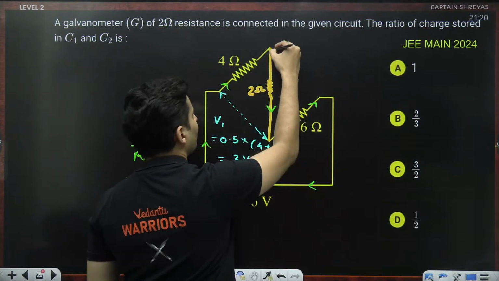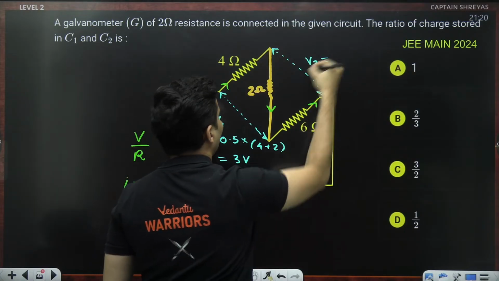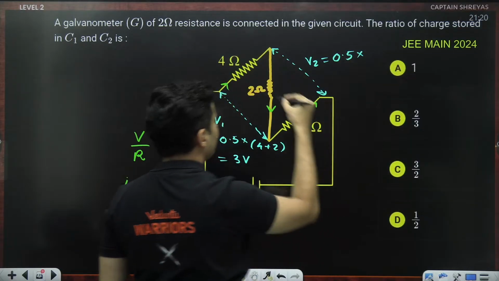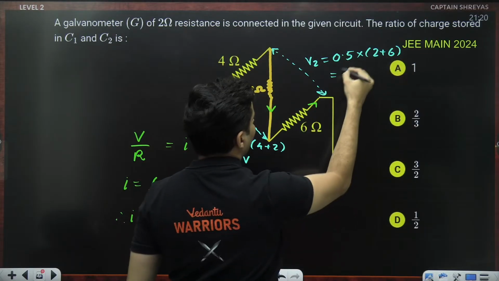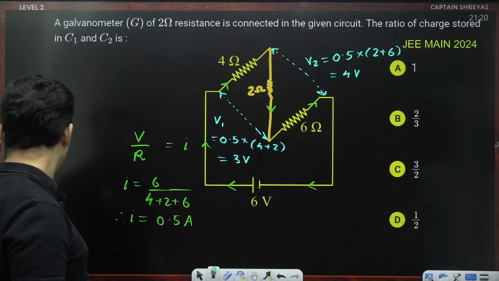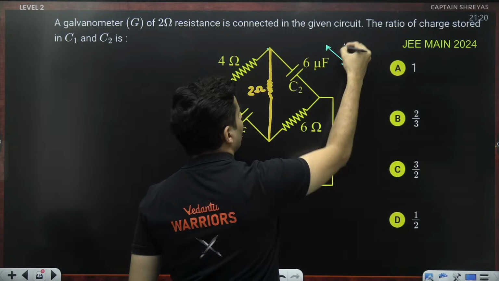The voltage drop between these 2 points, V2, will again be I into R. Current is still 0.5, but the resistance is this plus this, which is 2 plus 6, which is 8. 8 into 0.5 is 4 volts. So I got the voltage difference between these 2 points, which is 4 volts.